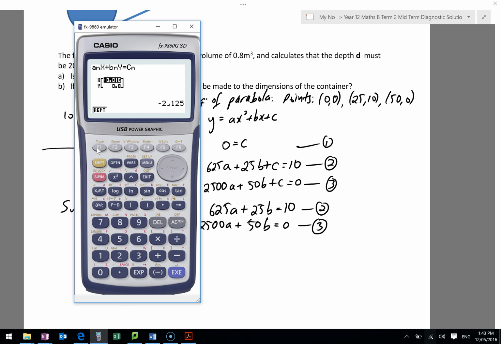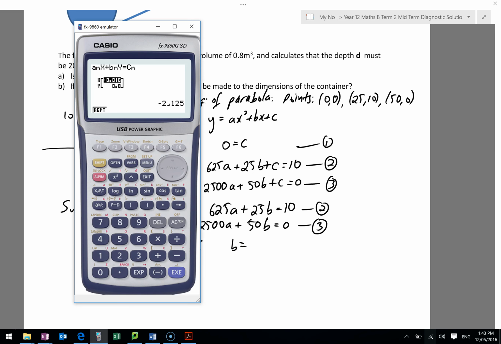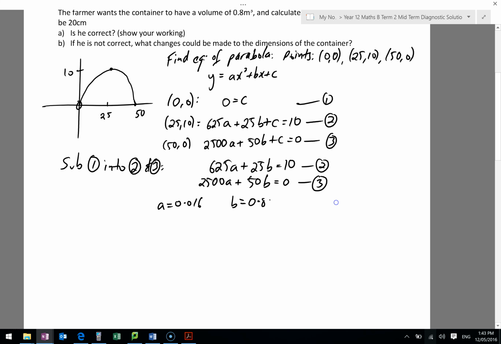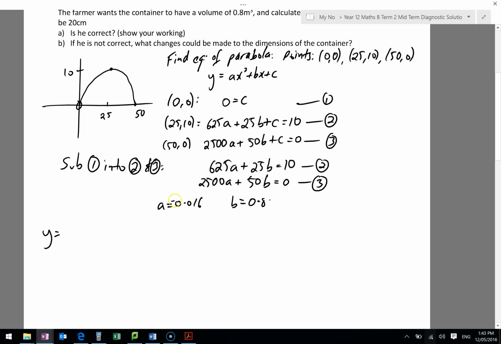Yeah, as always, something really nice. So a equals negative 0.016 and b equals 0.8. So the function I have is minus 0.016x squared plus 0.8x.